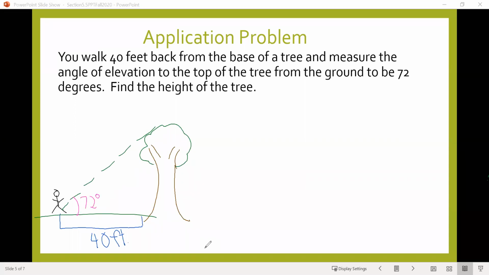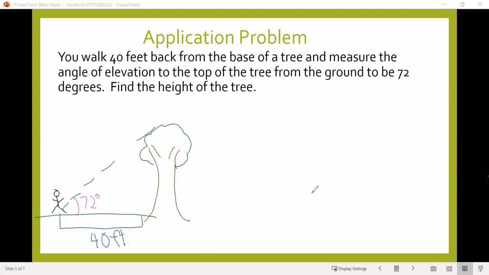And hopefully you noticed what we've gotten within this drawing is a right triangle, right? Because we can think of the line of sight to the top of the tree as one side, the height of the tree as another side, and the distance along the ground as a third side. And it looks like here in the corner we would have a right angle. And actually, you know what? I did not draw that correctly because we're measuring from the base of the tree, right?